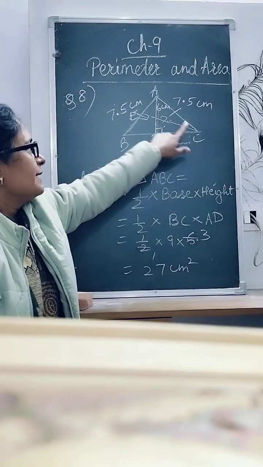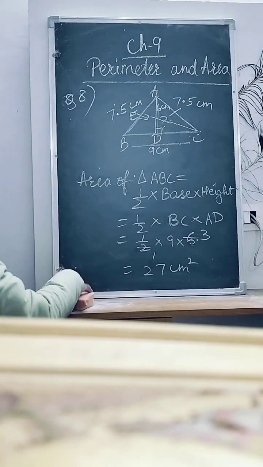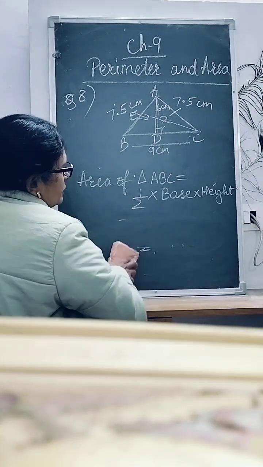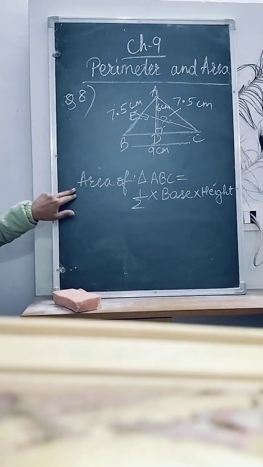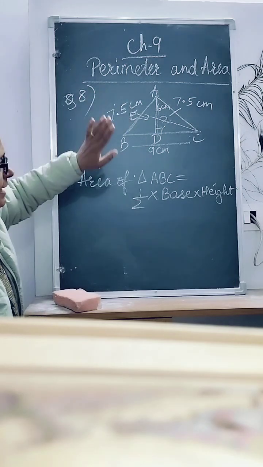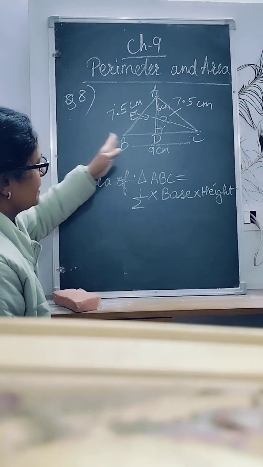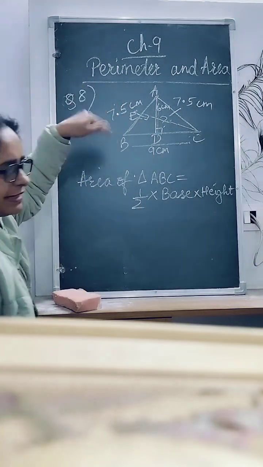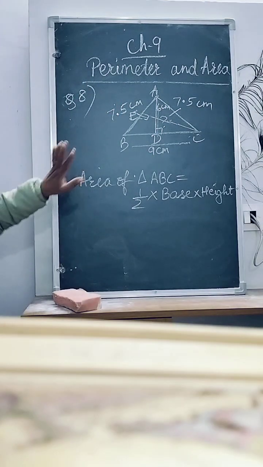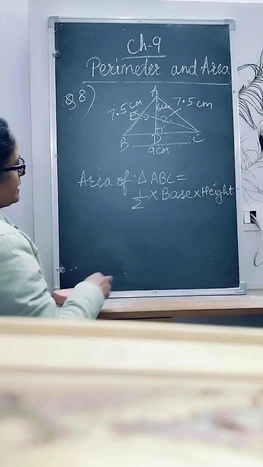Now let us do the next part. We want to find CE, the height. Again, because the triangle is the same, you can write triangle ABC, BCA or ACB; it means the same. The area formula would be the same.